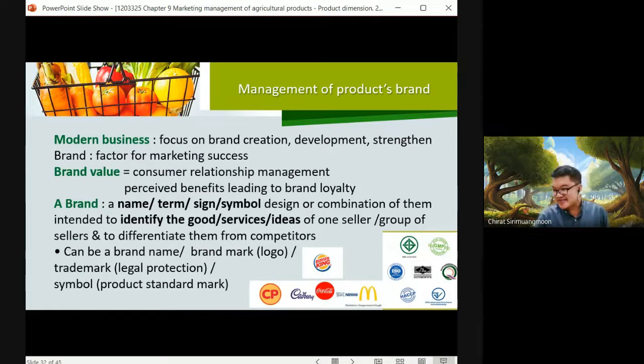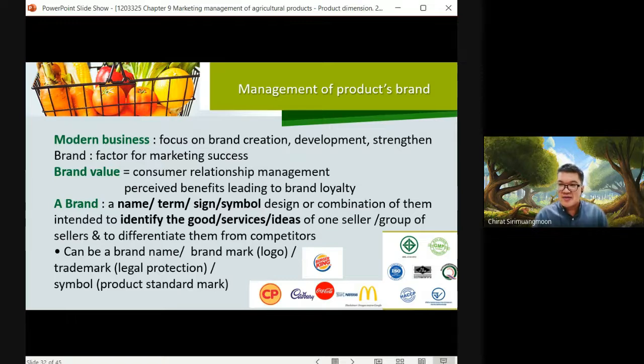Let's talk about the brand. Don't think brand is not important for agricultural products, because nowadays many modern businesses pay a lot of attention and focus a lot on brand creation, brand development, and brand strengthening, because brand can represent itself to the product.